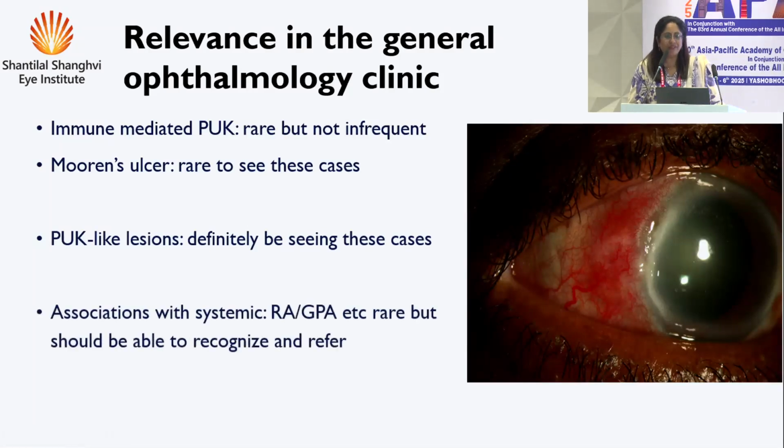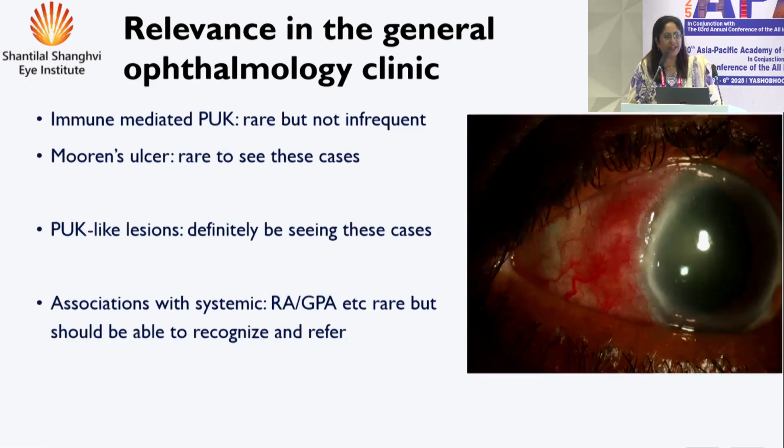So what's the relevance for those of you who are general ophthalmologists seeing a lot of patients, and some of them will come in with PUK? The pure immune-mediated PUK like GPA, RA, you may not see that much on a daily basis at least. Moran's ulcer, though rare, you might see these cases occasionally.